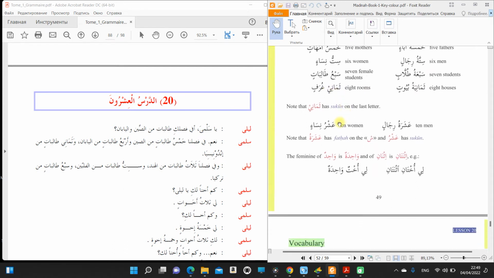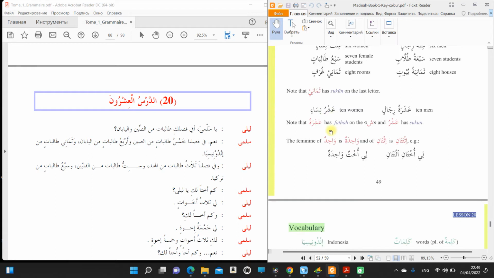And the number 10 is also slightly different. If you're talking about masculine ma'dud, it's عشرة رجال. But if we are talking about feminine ma'dud, it is عشر. You see, this shin has fatha, but here it has sukun. So عشرة رجال and عشر نساء.